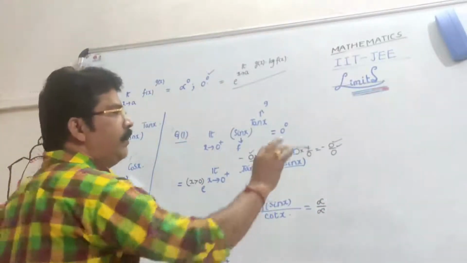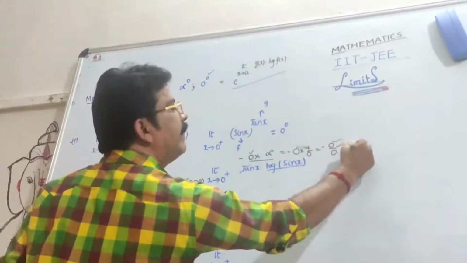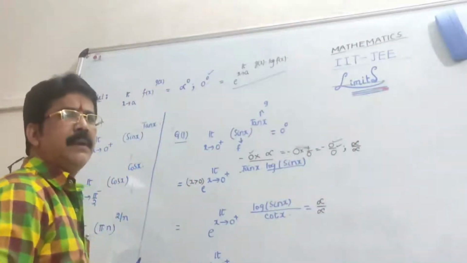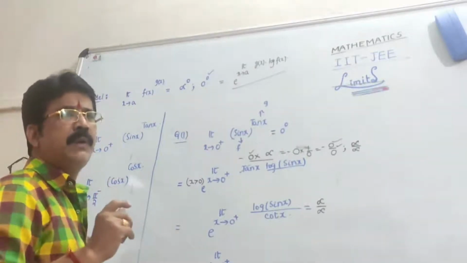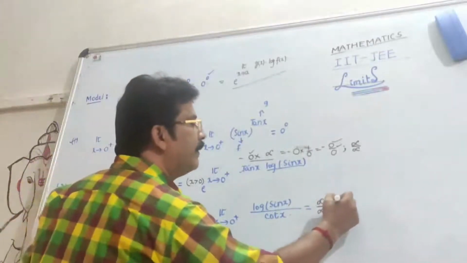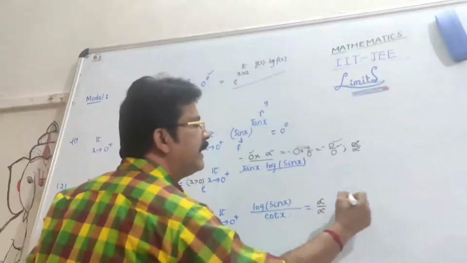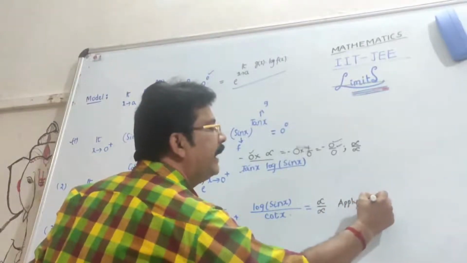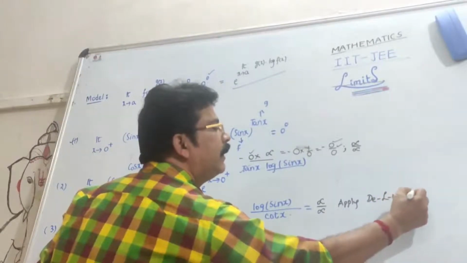Anyhow, it is 0 by 0 or infinity by infinity. We are applying the L'Hospital rule for the forms 0 by 0 or infinity by infinity. Therefore, here we apply the L'Hospital rule.